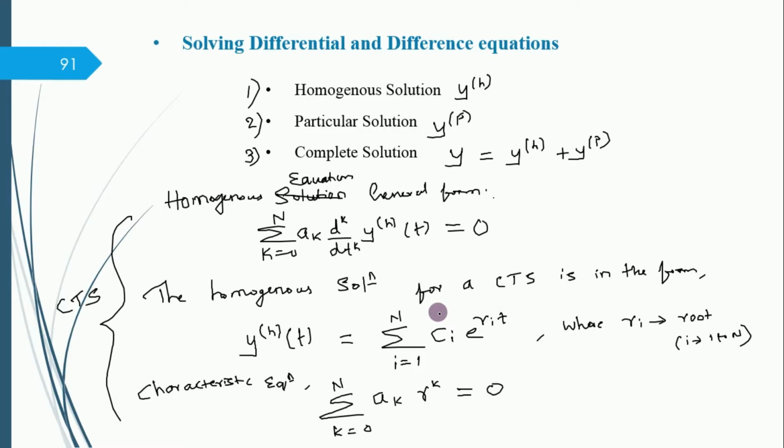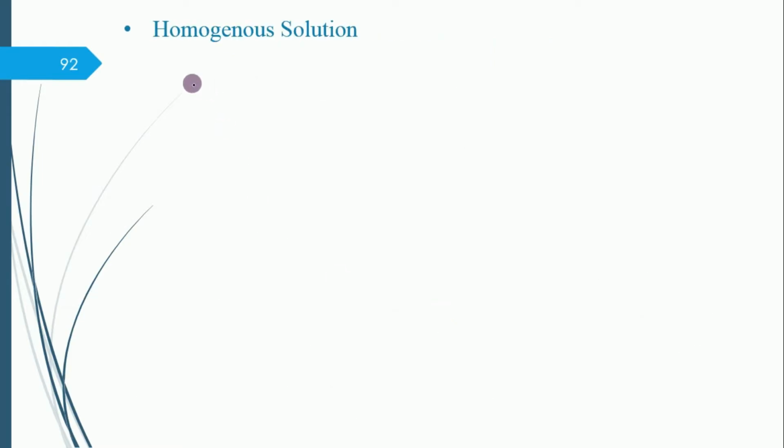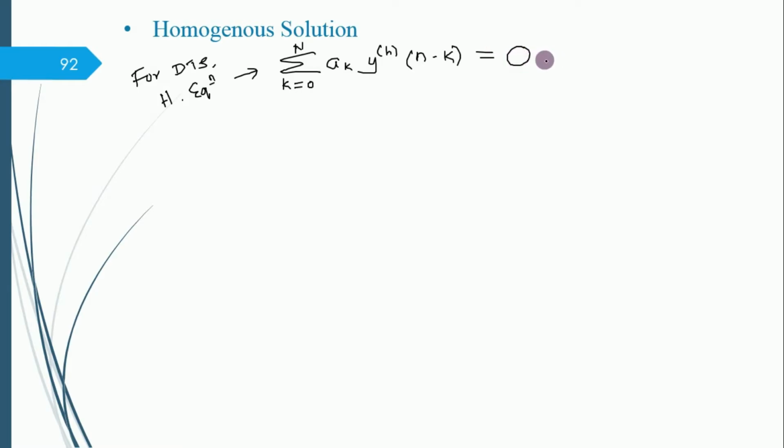Now, similarly, if I want to write for discrete time, for DTS, the things look in this fashion. Summation k is equal to 0 ranging till n a_k y h of n minus k, because this is the homogeneous equation. I'm writing the homogeneous equation, that's why I have to make the right hand side 0. The terms of x should be made 0.